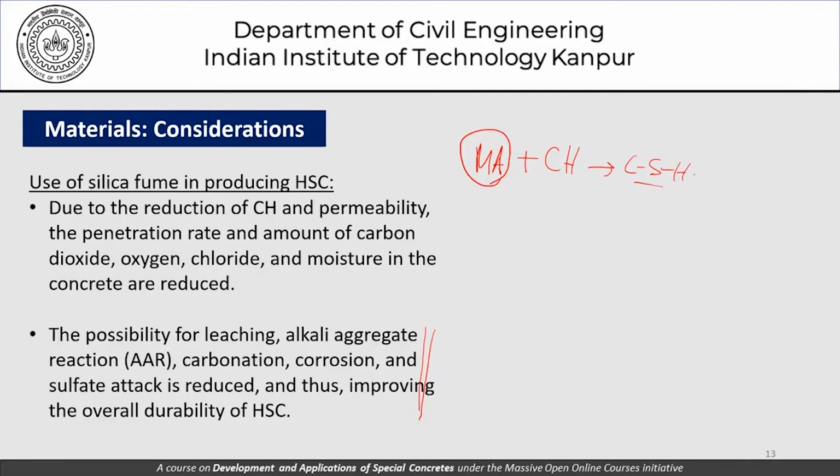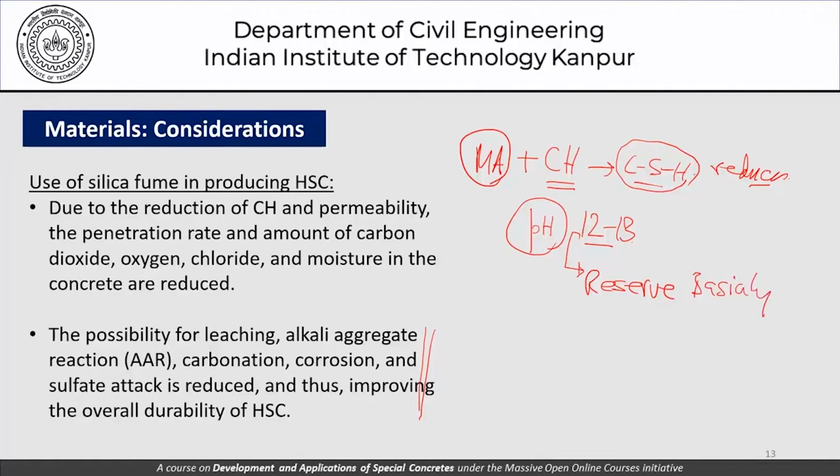Though on the one hand an increased amount of calcium silicate hydrate reduces the porosity, making the concrete denser, at the same time this is at the cost of consumption of calcium hydroxide in the concrete. Therefore, the pH values that we talk about in concrete, which are normally supposed to be about 12 or 13, could go down, and so could what we call reserve basicity.